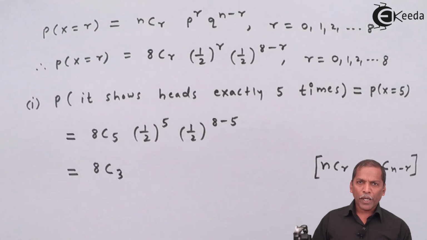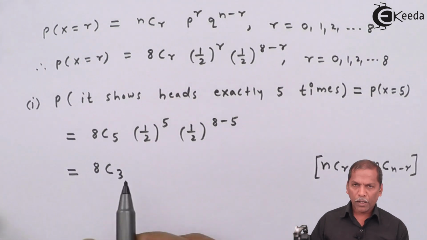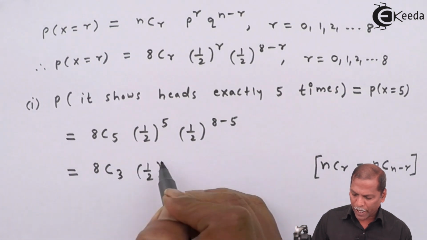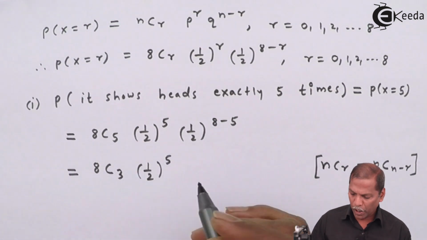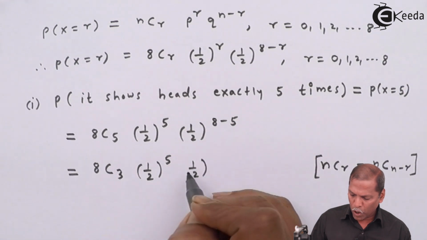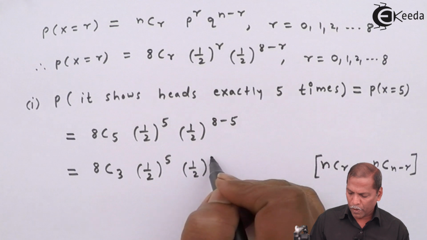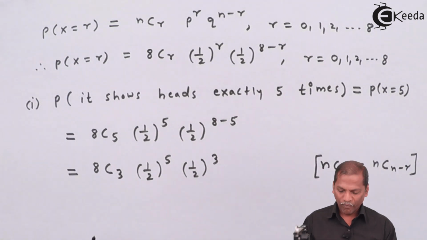The next step will be 8C3 into (1 upon 2) raised to 5 into (1 upon 2) raised to, now 8 minus 5 gives 3.